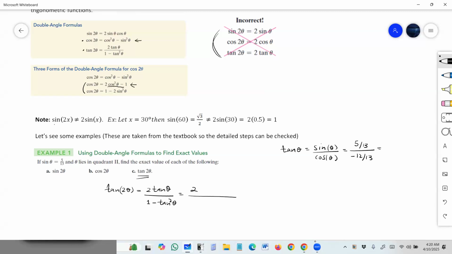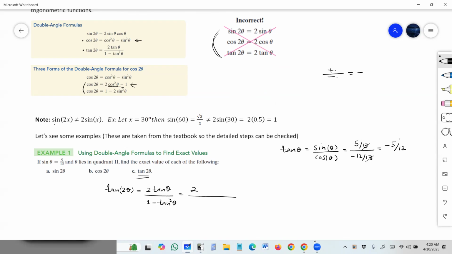And then we multiply by the reciprocal and we get, so the 13's cancel, and we get negative 5 over 12. So that's my tangent for our angle in the second quadrant. So you know, if sine is positive and cosine is negative, obviously positive divided by negative is a negative for tangent.